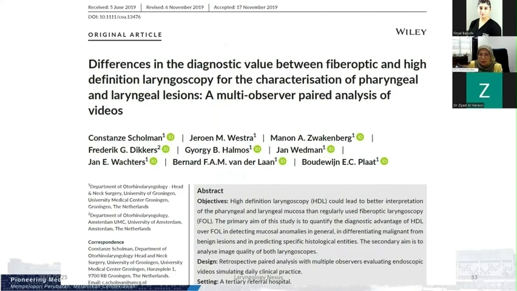So a study looked at the differences in diagnostic value between just using a fiber optic scope, in which the camera is at the beginning of the scope, and a video endoscope, in which the camera is at the tip of the scope.